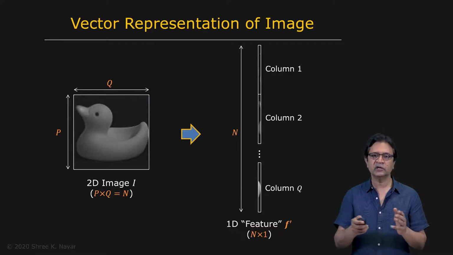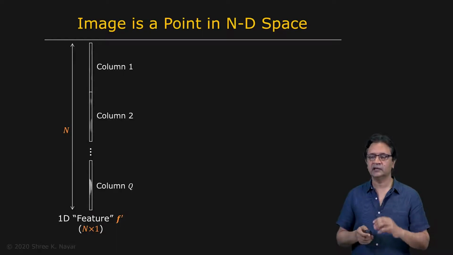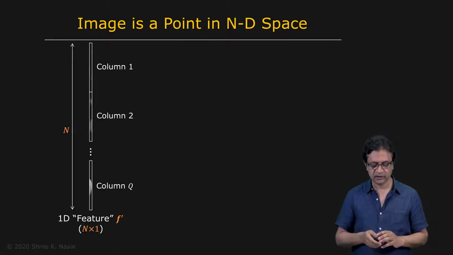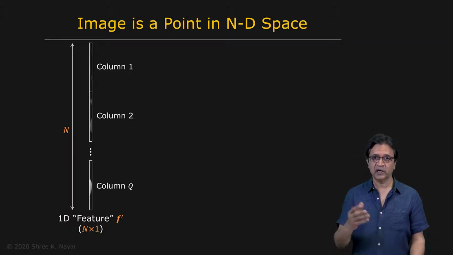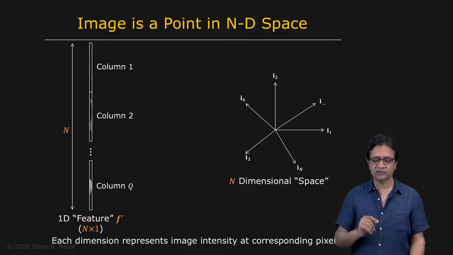And there is a way to look at this feature. This feature can be viewed as a point in n-dimensional space. What does that mean? So here is your feature on the left-hand side. It's an n by 1 feature, and you can construct a space, an n-dimensional space, where each one of the dimensions of the space corresponds to the brightness at that corresponding pixel.